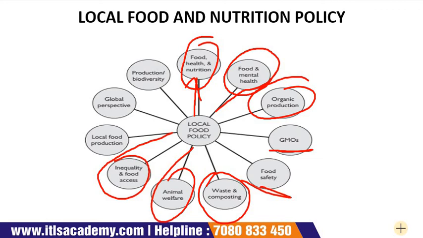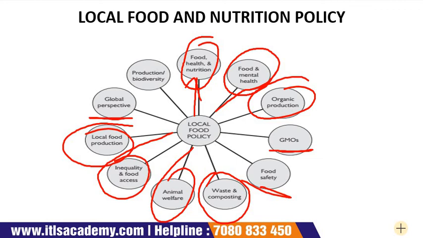It works on inequality and food access, to address the issue of social exclusion and ensure people on a low income have access to healthy, affordable food. It works on local food production, that is to increase the local consumption of locally produced food.